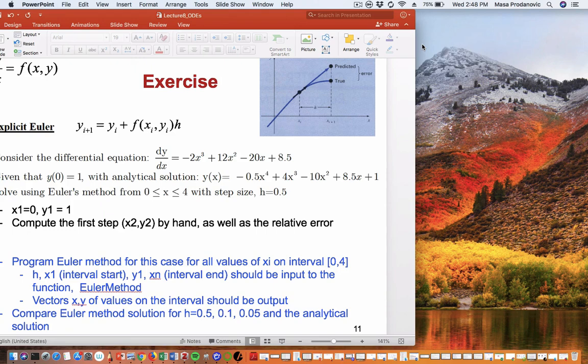So what is my x2? It's x1 plus h, right? So my x2 is 0.5. Then my y2 is y1 plus f of x1 times h. I calculate it for 0, which is really 8.5, times 0.5. Everybody following what I'm doing?